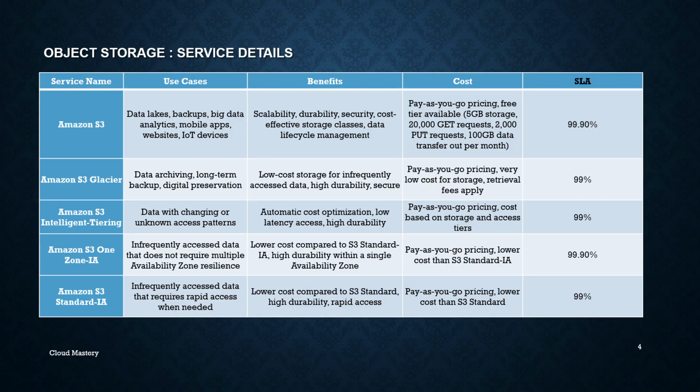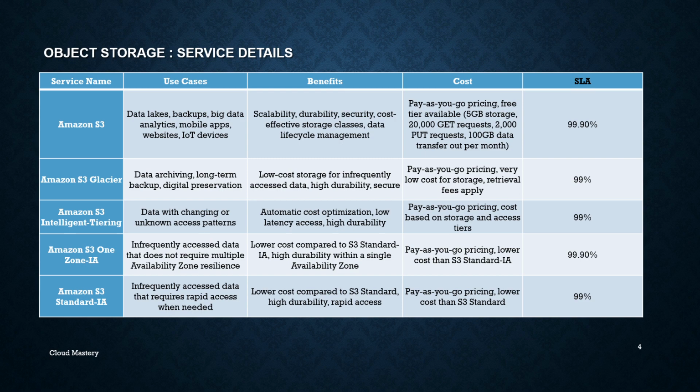Let's move further to Amazon S3 Glacier. This is for long-term backup and data archiving. It is very low cost storage for infrequent access. Sometimes we don't need historical data, very old data, on a daily basis, because you're storing those copies from the last 1 or 2 years based on client requirements.